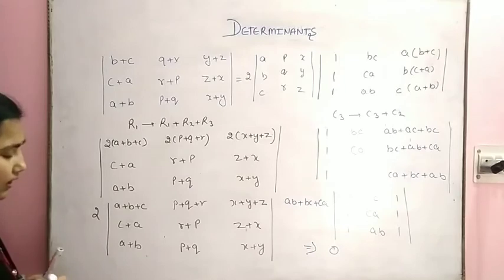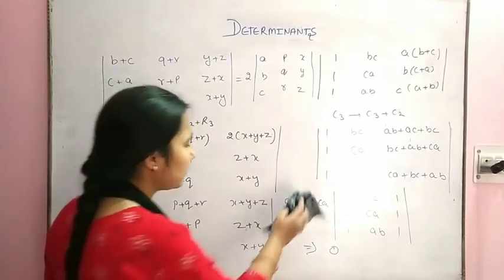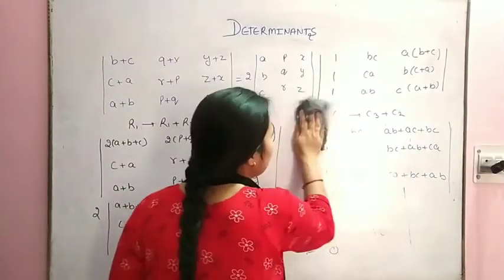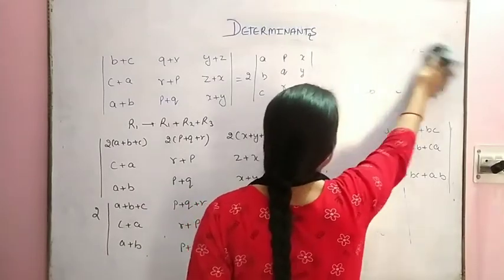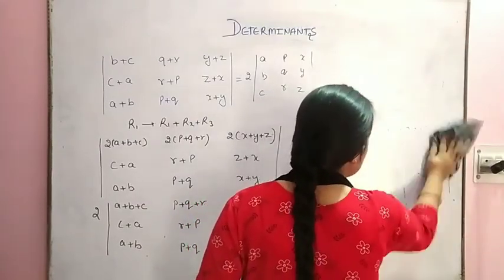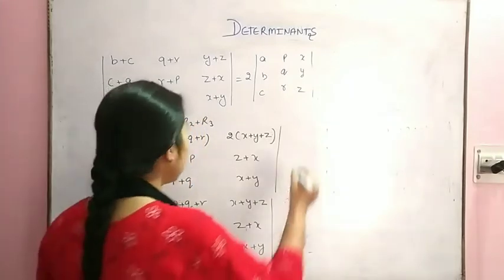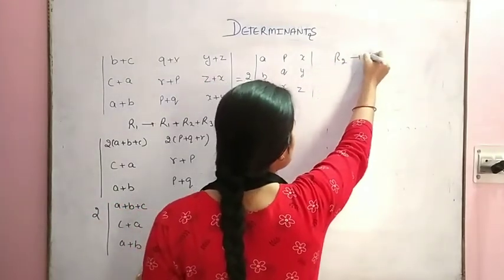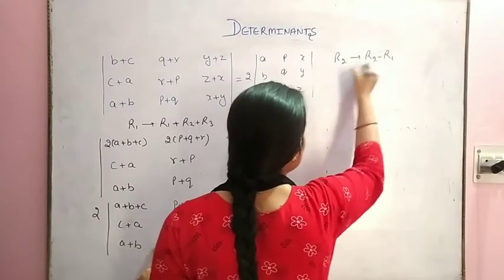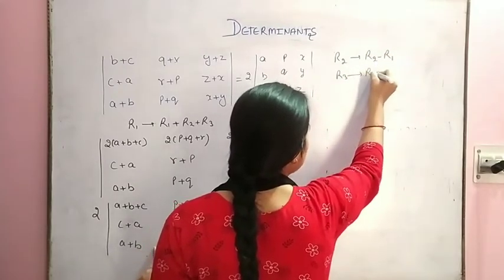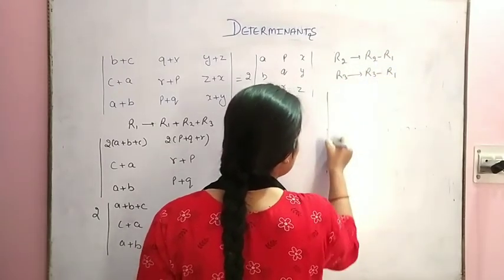Now, apply the property for R2 and R3. What we get? Just apply R2 tends to R2 minus R1 and R3 tends to R3 minus R1. Let's see what we get.